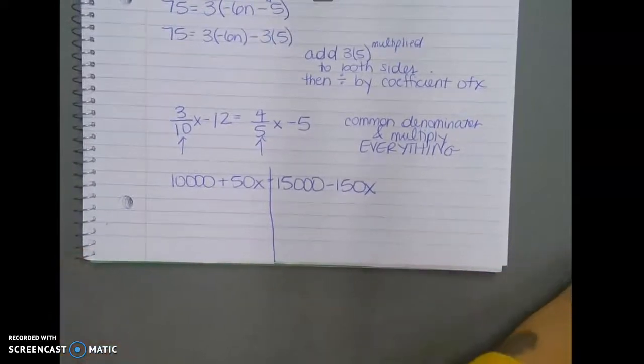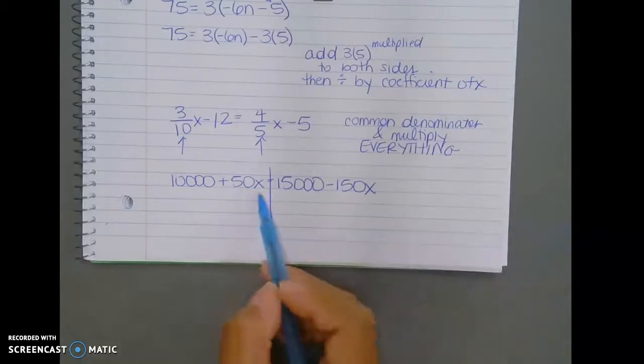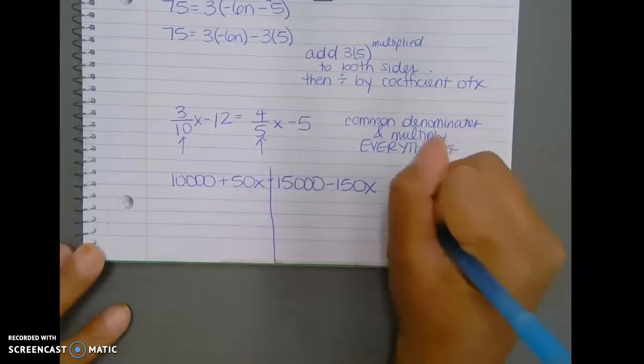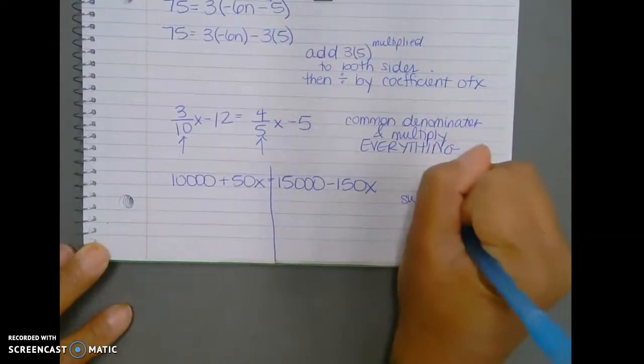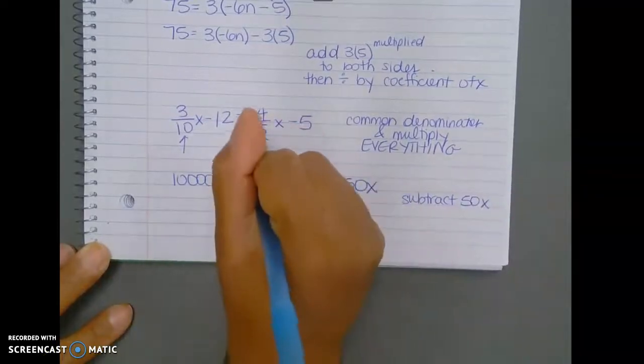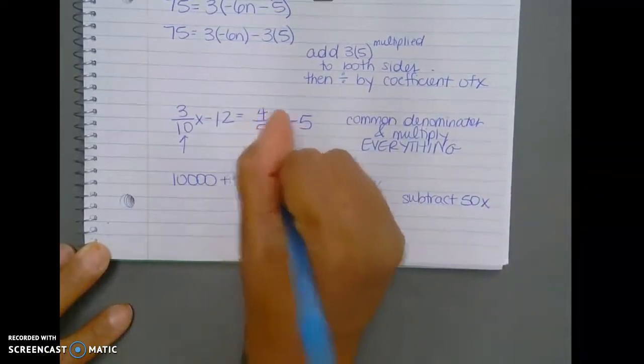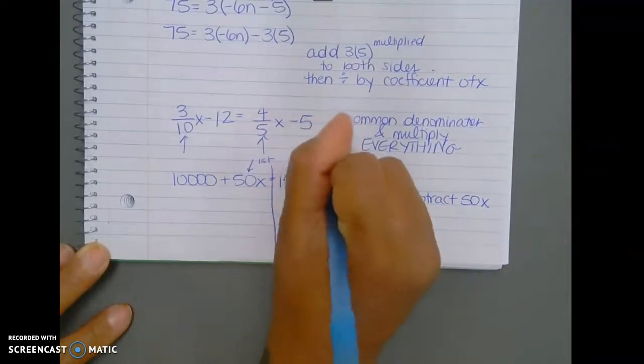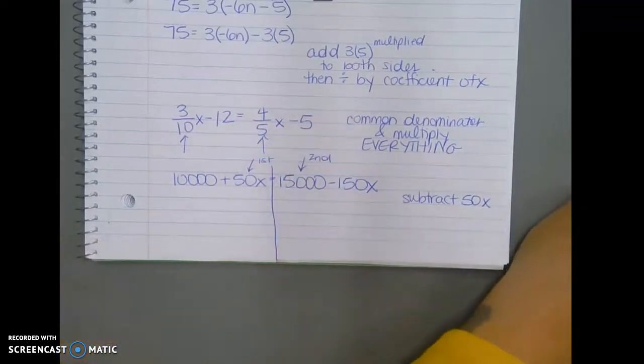For this one, I would start with my smaller value or smaller coefficient of x, which is 50. So I would subtract 50x from both sides. And then if I start with this one, my second step has to be with the other side, and it has to be with a constant.